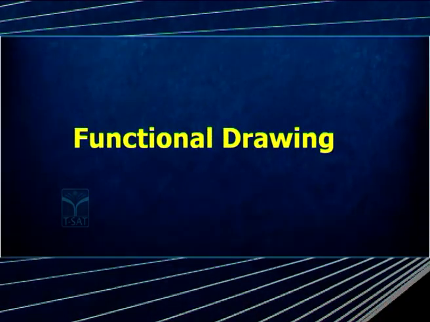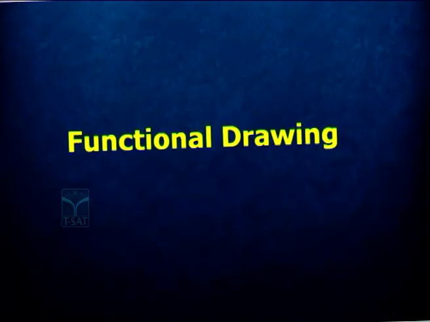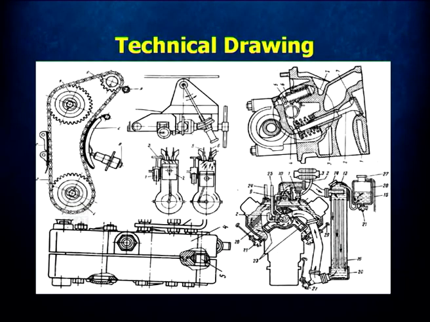So, we will now look at the functional categories of drawing, like we have enumerated now. We will see some of the images, what are the functional types that we have enumerated. For example, technical drawing. What do you see in technical drawing?